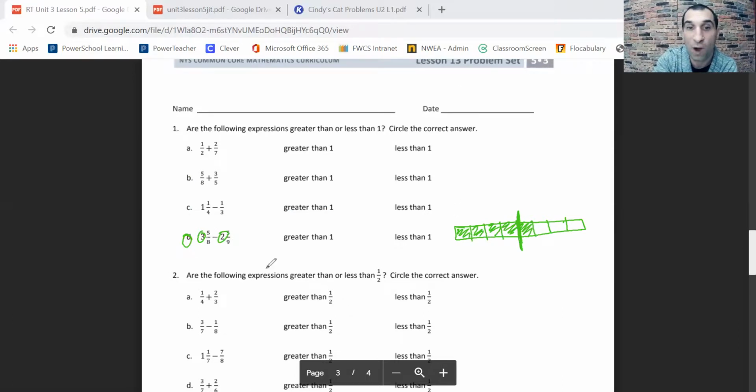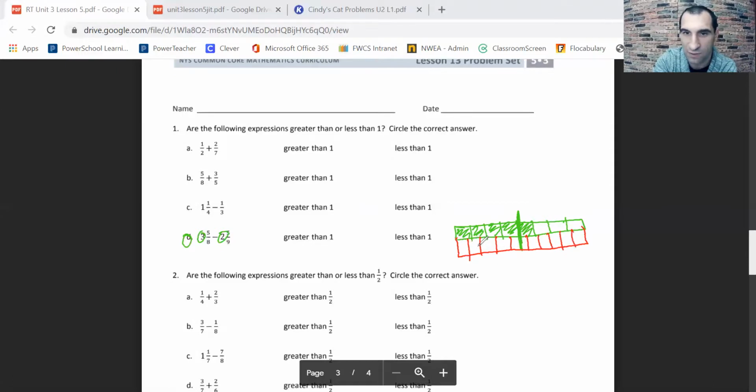Now I have 1 left, right? So I have a whole. So if I subtract, I have a whole plus 5/8. I'm subtracting 5/9. So I'm going to divide this up into 1, 2, 3, 4, 5. And then 1, 2, 3, 4, 5.